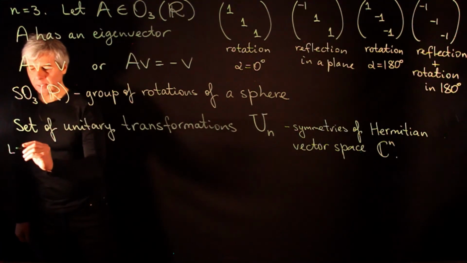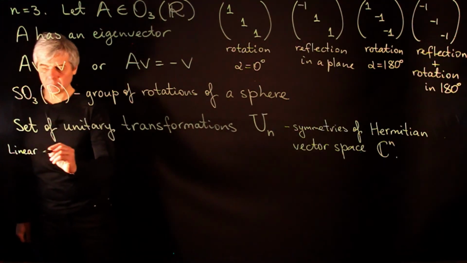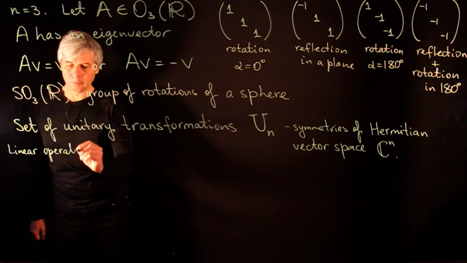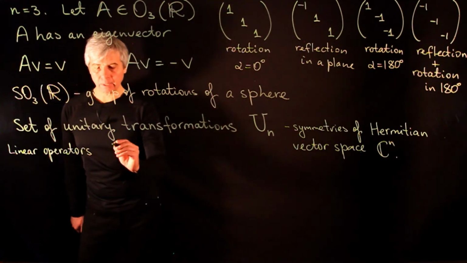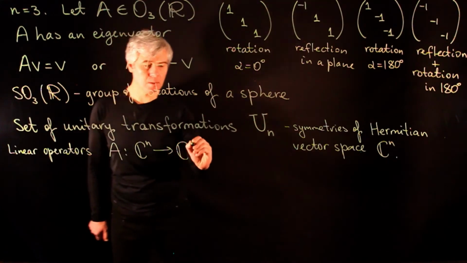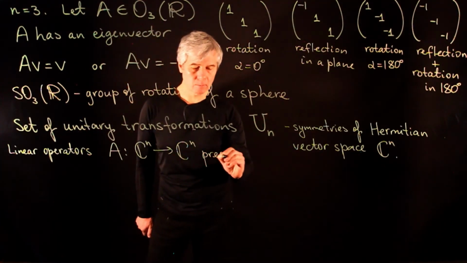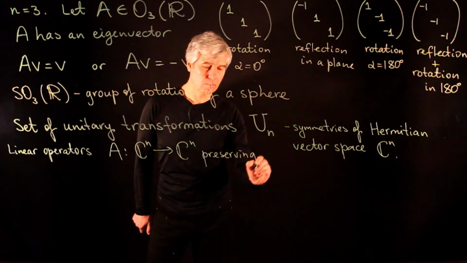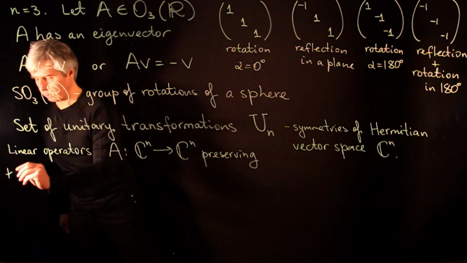So these are linear operators A from Cn to Cn, preserving the Hermitian scalar product.